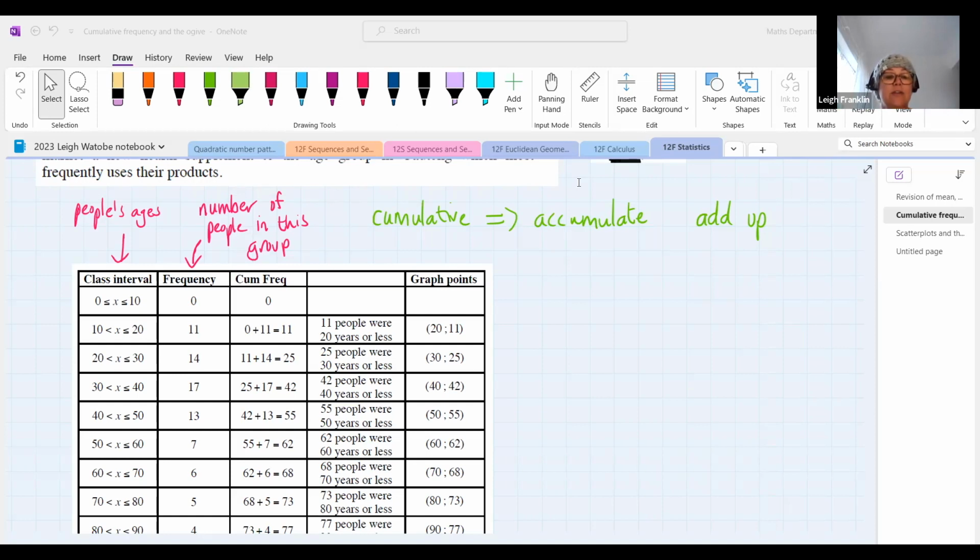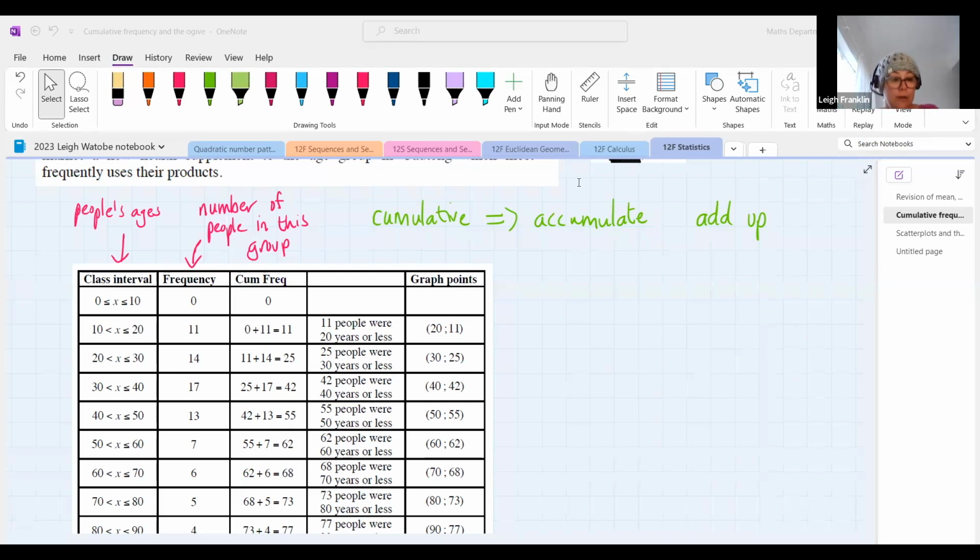If we look at the next row, our cumulative frequency is 25. 25 people were 30 years old or less. 42 people were 40 years old or less. 55 people were 50 years old or less. This is the point of cumulative frequency, to give us this running total.